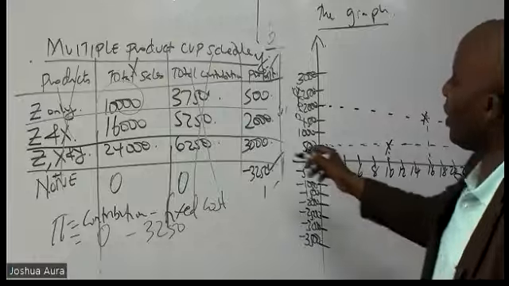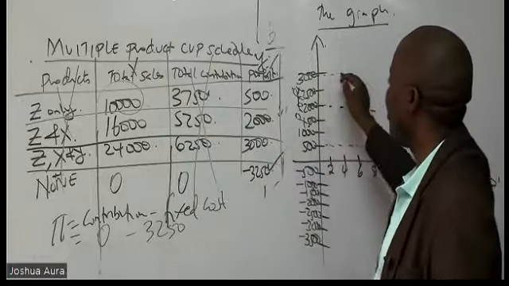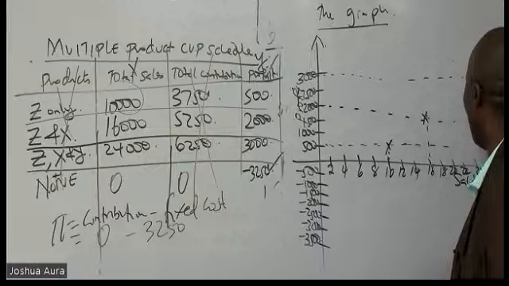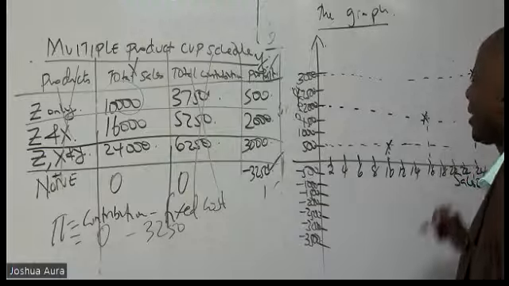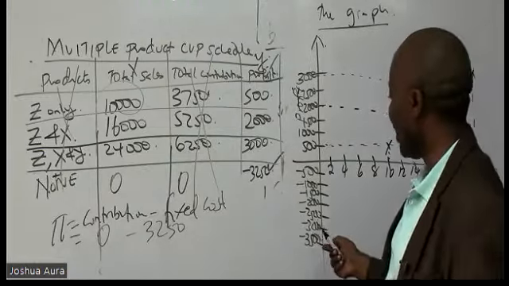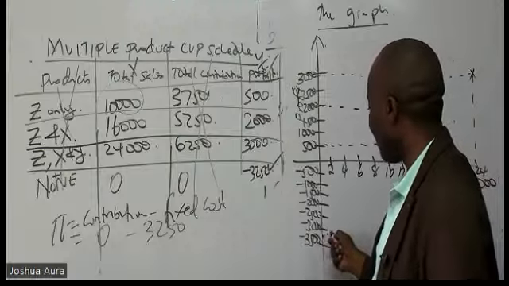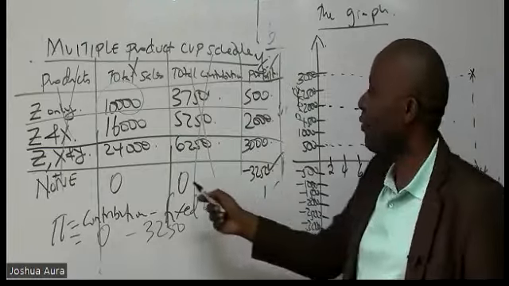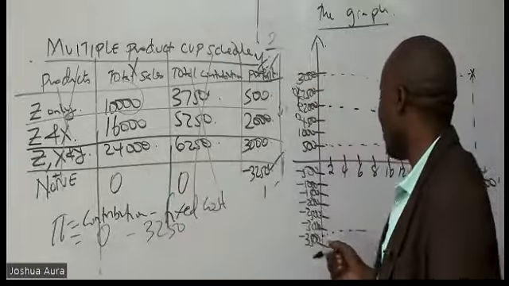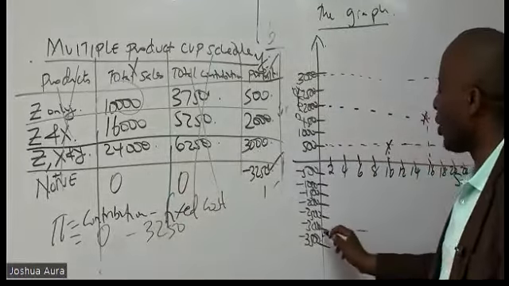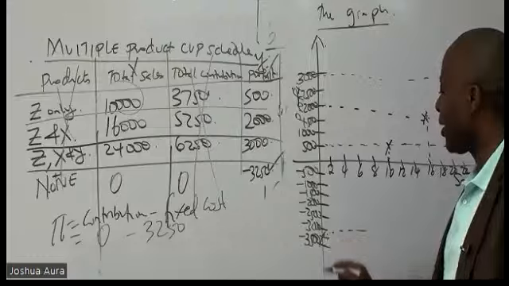From there, we have 3,000 for y here, vis-a-vis 24,000 at the very corner. Like that. And then the last one, we have minus 3,250, just to be somewhere here. Minus 3,250 vis-a-vis 0, the same point actually here. Right?